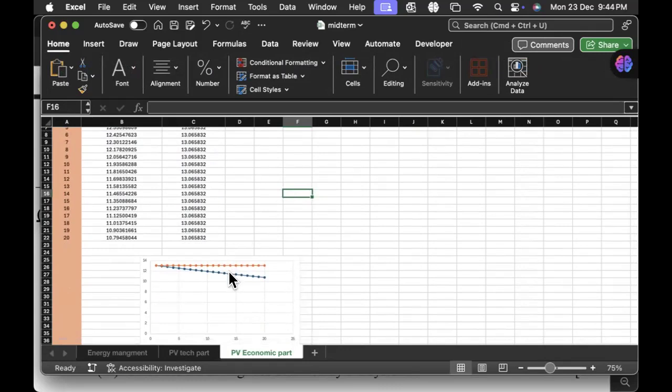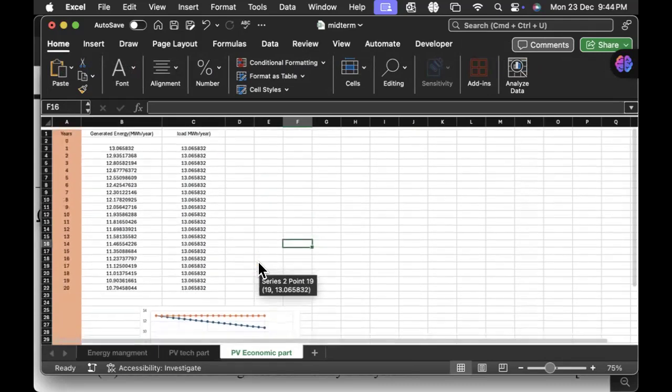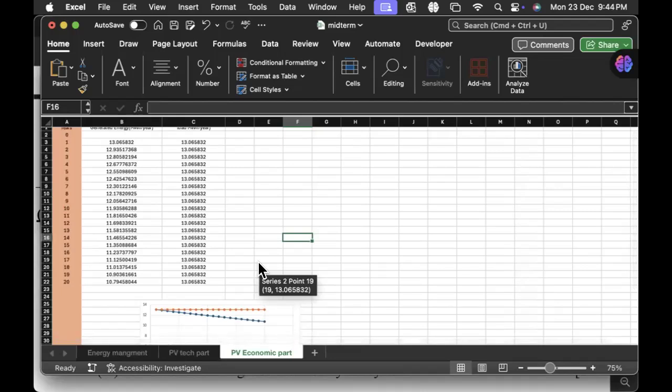So simply I'm going to shift this blue line upward so that the minimum comes here. Then you are going to generate more energy than you need, but that will impact the total levelized cost of energy because you are oversizing the system.